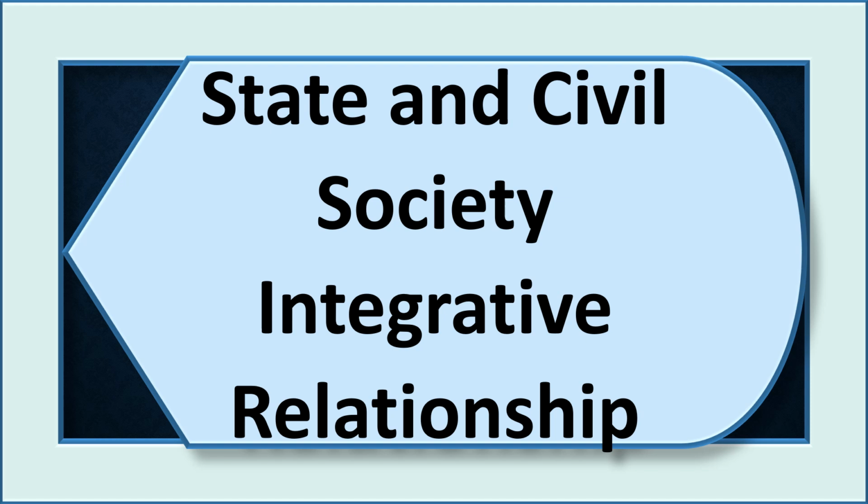It is in fact difficult to conceive of civil society functioning successfully without the state. We see the citizen simultaneously constrained by the state and protected by it. It is the state which provides the integrative framework within which the civil society operates.